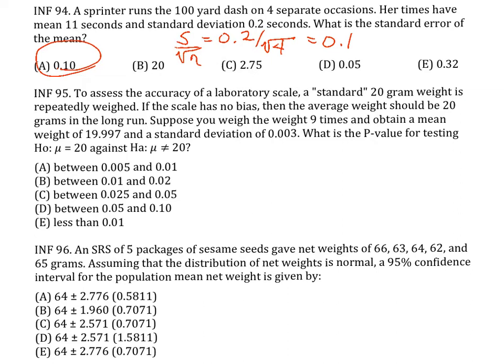If the scale has no bias, the average weight would be 20. Suppose you weigh 9 times and obtain a mean weight of 19.997 and a standard deviation of 0.003. So this indicates that we use the t distribution because this is S.